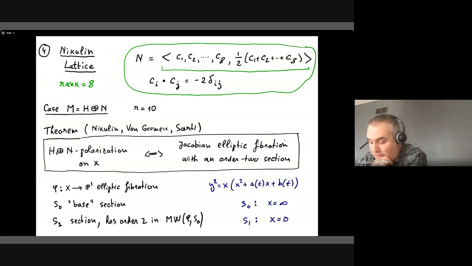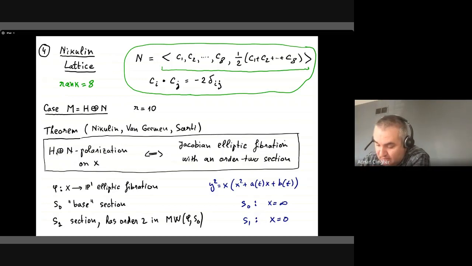It's a lattice of rank 8, which has some importance in the theory of K3 surfaces, part of which we will see here. So from my point of view, the reason why I want to consider this lattice is the following.